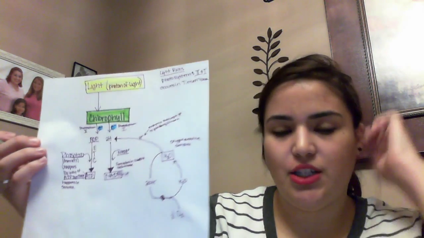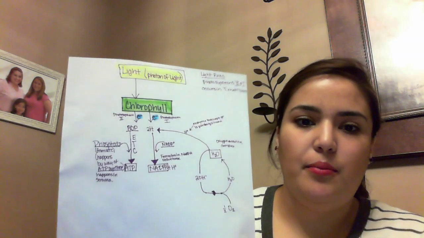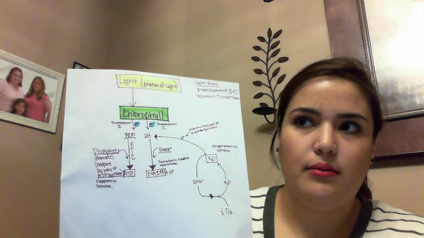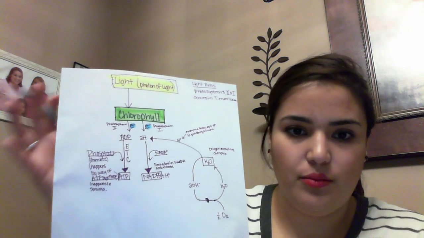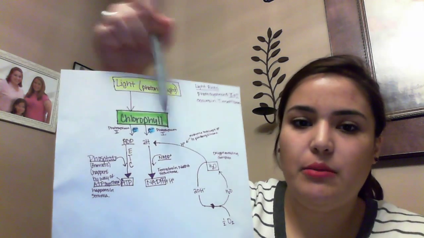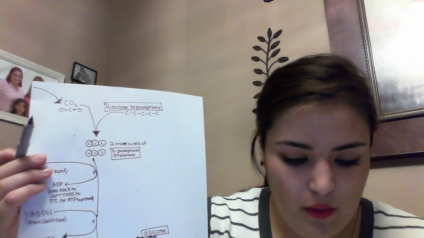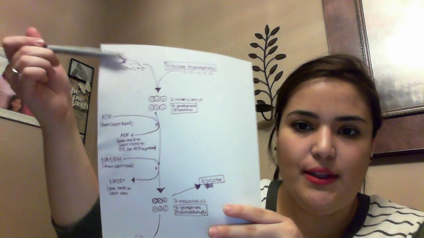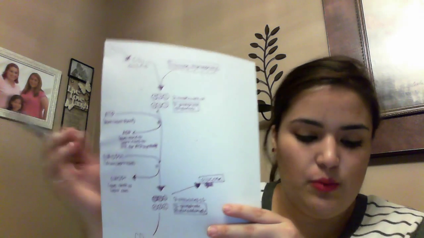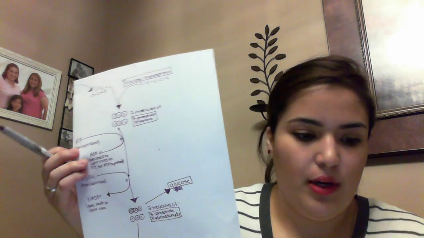Not sure about the pronunciation on that. The ol is basically making an alcohol group. That is going to be one of the products of the light reactions that's going to help in this reaction, with the hydrogens breaking in this reaction, and it's going to help this carbon dioxide here just as well as the RuBP carboxylase.